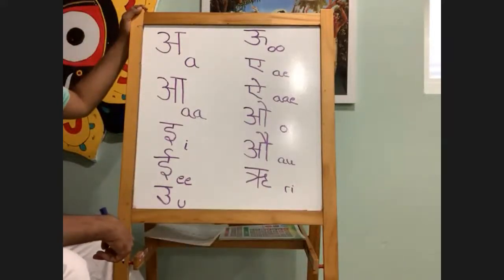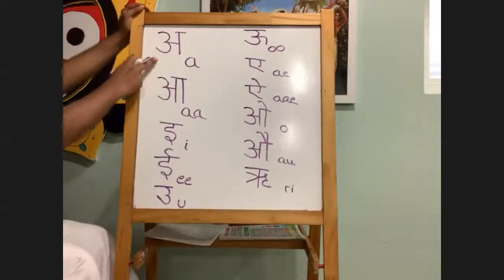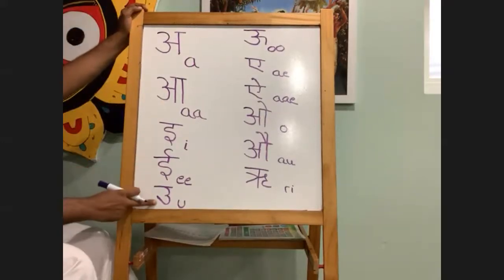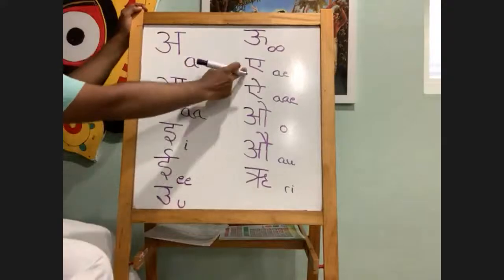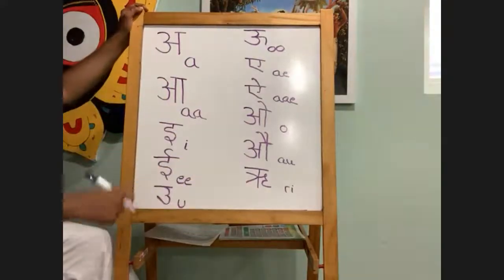Can you please not erase that? Okay, we are going to go over this. I'm not going to erase this. We are going to do the matras also. Okay, so a, aa, i, ee, u, oo, e, ai, o, au, ri.